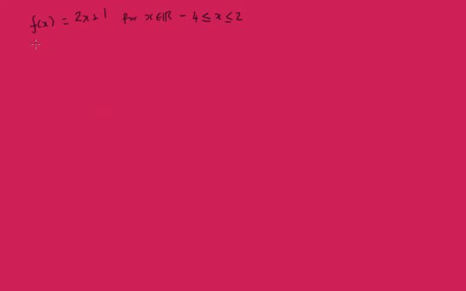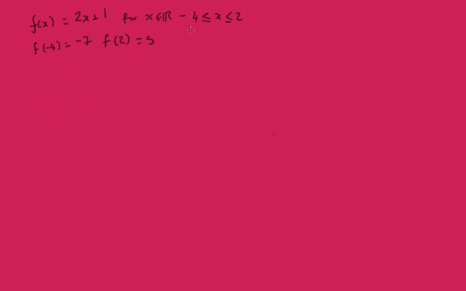So let's think about the values of f of x at the limits of the domain. So f of minus 4 is going to be minus 7 and f of 2 will be 5.